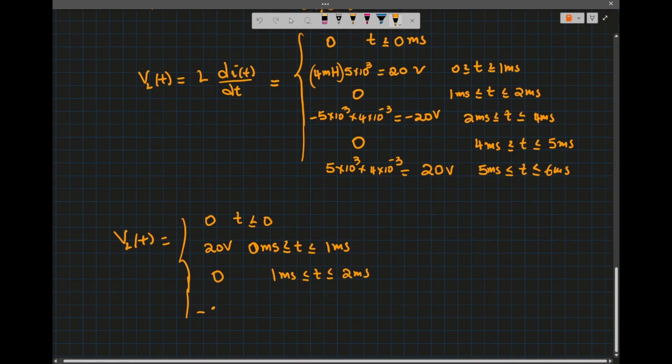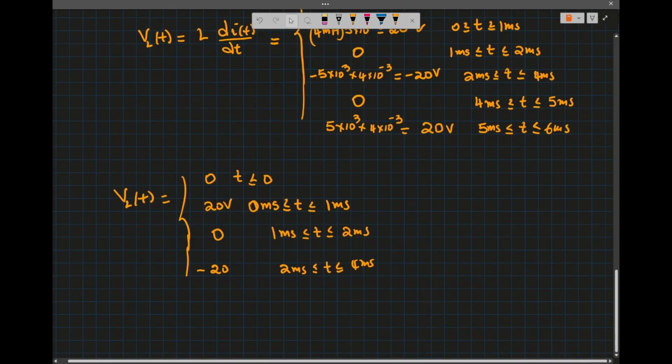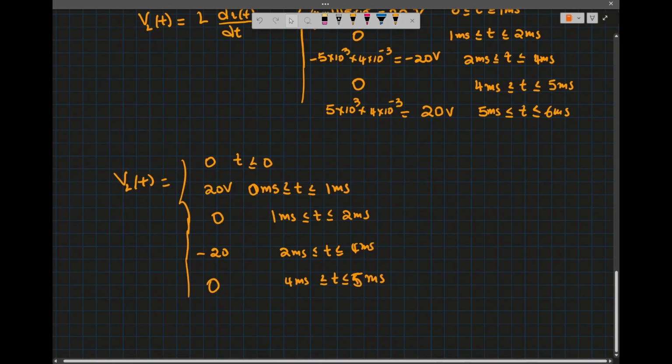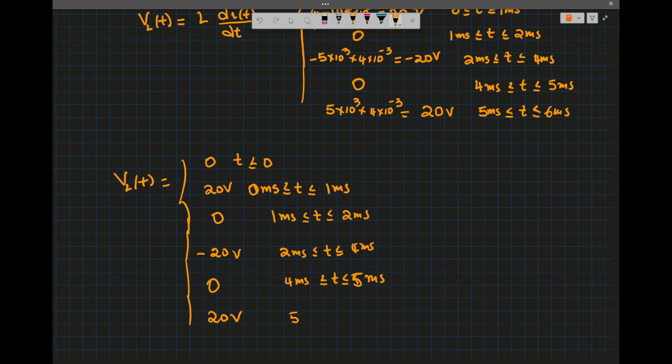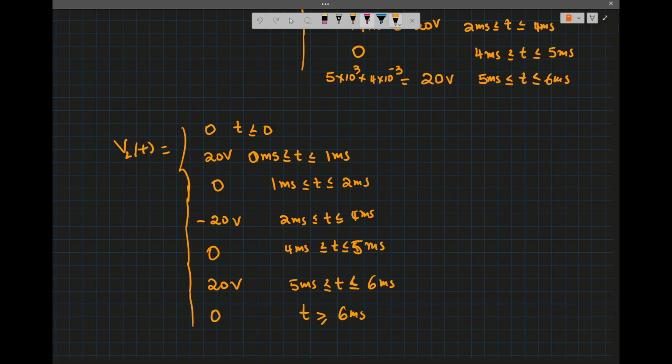Then it is minus 20 between 2 millisecond and 4 millisecond. Then it becomes 0 again between 4 millisecond and 5 millisecond, and it's 20 volt between 5 millisecond and 6 millisecond, and then 0 for t greater than or equal to 6 milliseconds. So I can sketch this function.